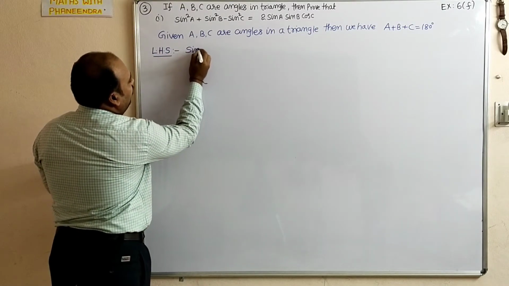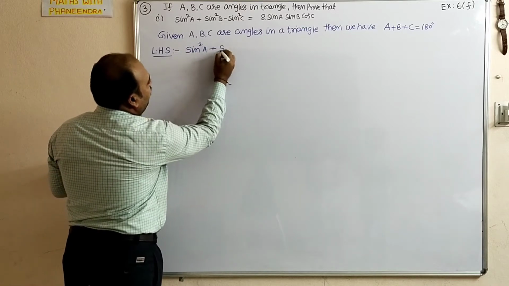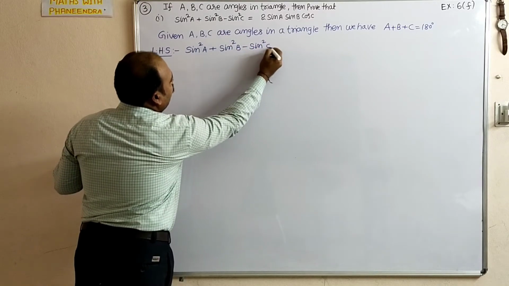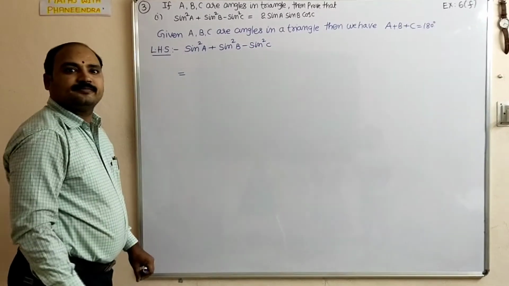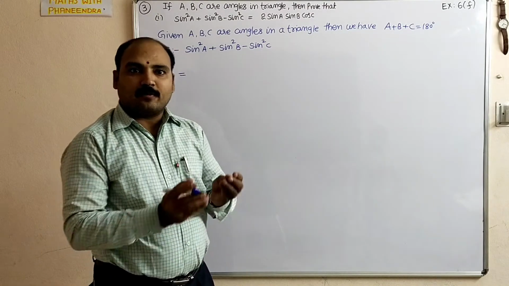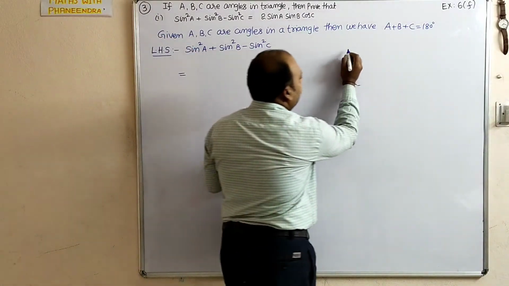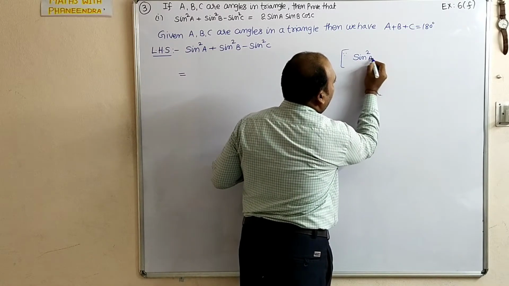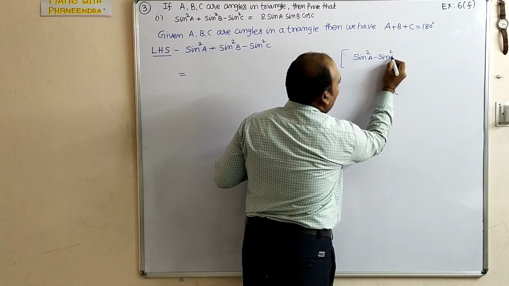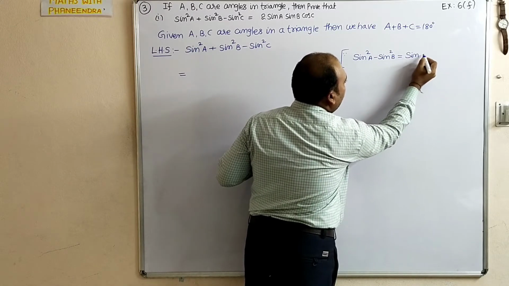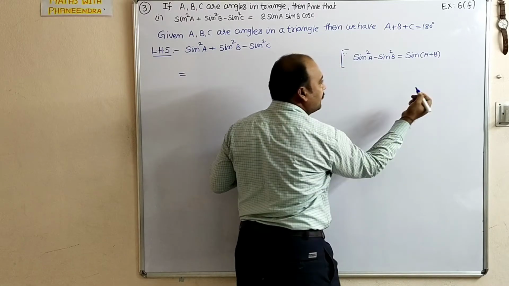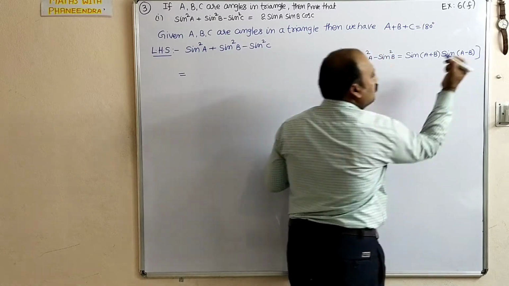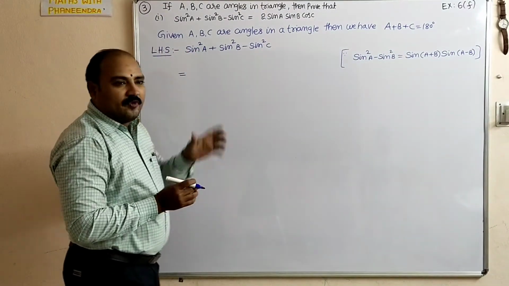Sin square A plus sin square B minus sin square C, which is equal to, we know that from transformation formulas, sin square A minus sin square B is equal to sin of A plus B into sin of A minus B. So by using this formula, where we have to apply?